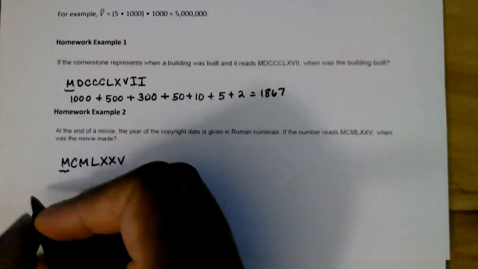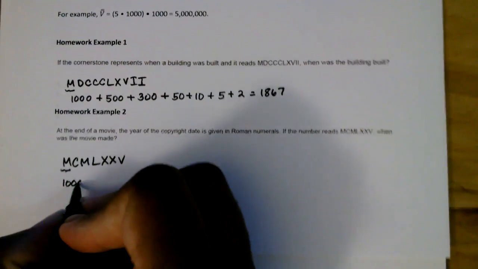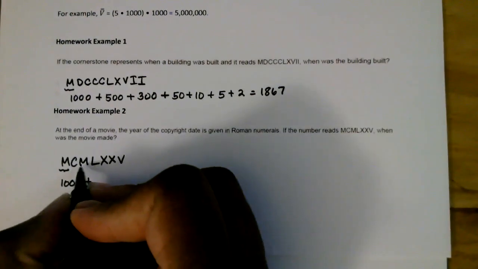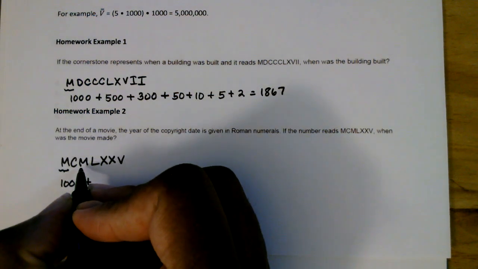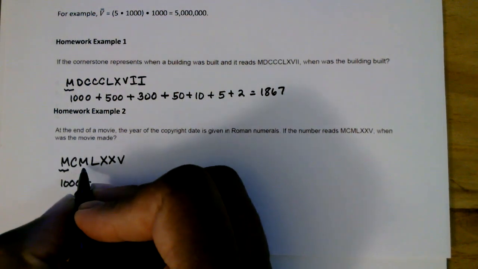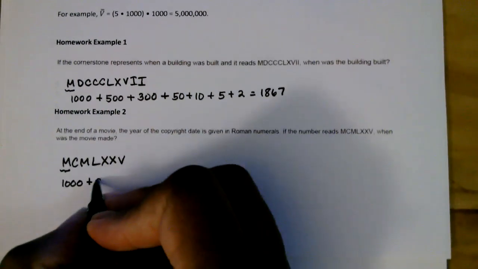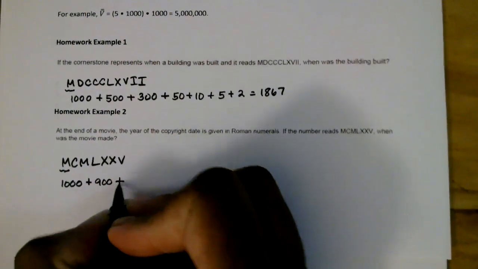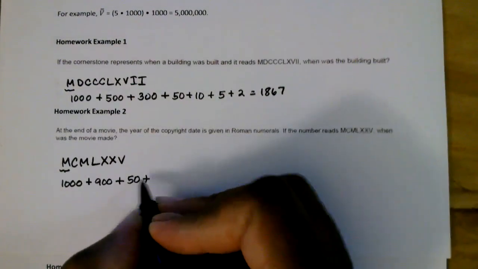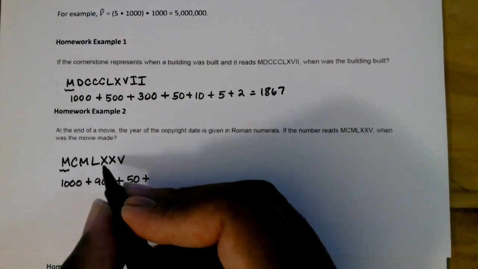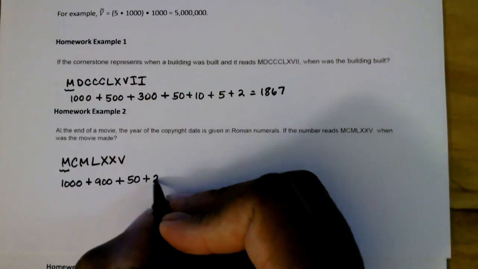The M, of course, is a Roman numeral for 1,000. Now notice we got CM. C is 100, M is 1,000. Here we use the subtractive property. 100 from 1,000, that's going to be 900. And then plus the L, that's 50. Each X is a Roman numeral for 10, so 10 plus 10, that's 20.